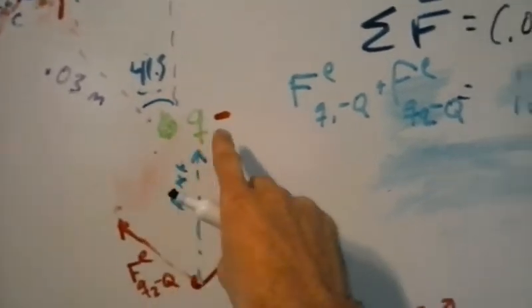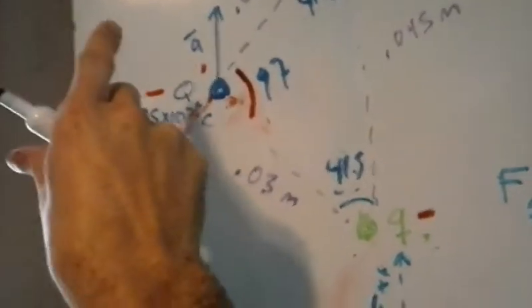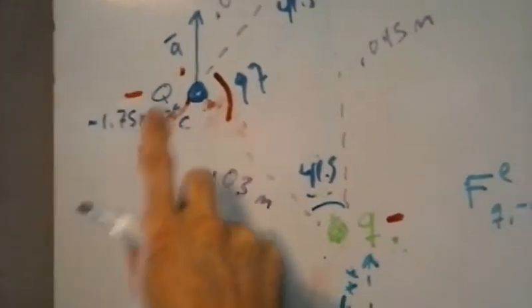The only one that works is if Fe Q2 on Q is repelling big Q, which makes Q2 negative. It has to be going in this direction so that the y component is in the same direction as the acceleration. And that would be the y component going this direction.